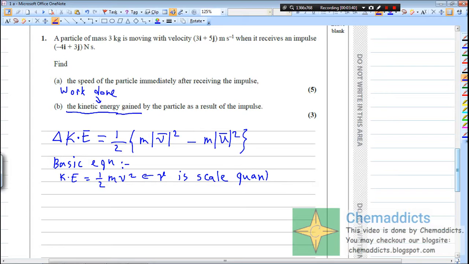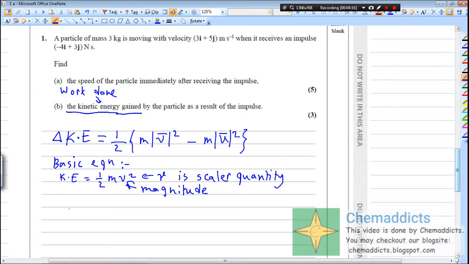Since we are dealing with the scalar quantity over here, we need to find the magnitude. So this is what it really means: the magnitude squared. At first we need to convert this into magnitude, find the magnitude and then square it. It means the magnitude of velocity, for both.